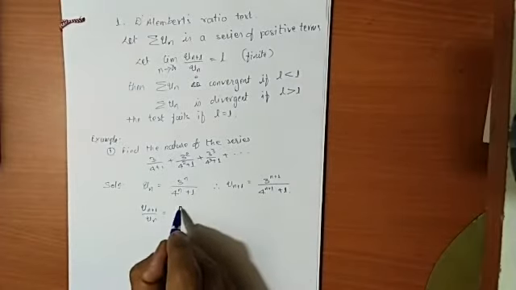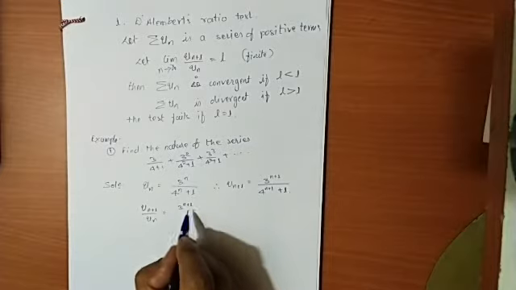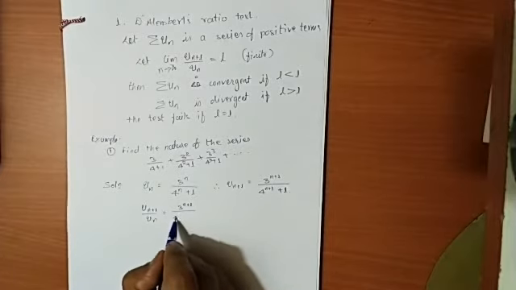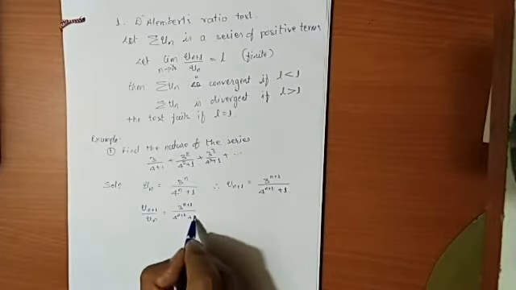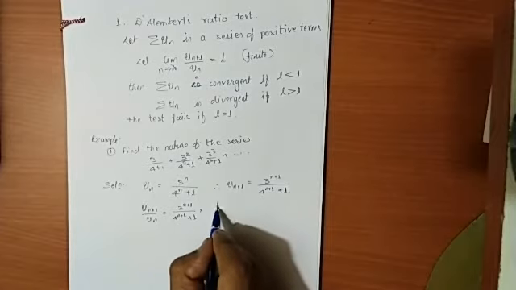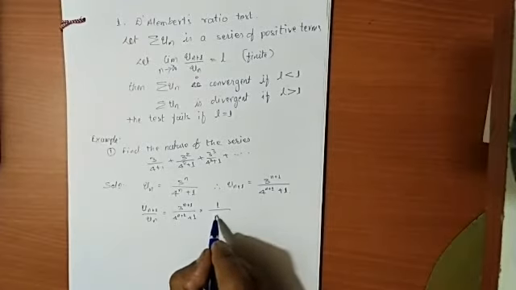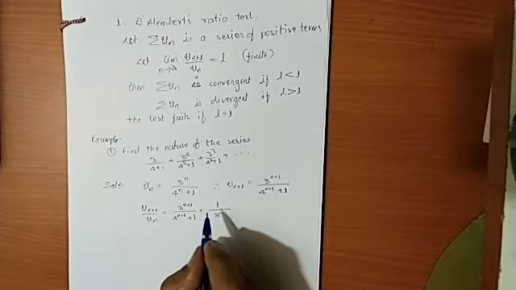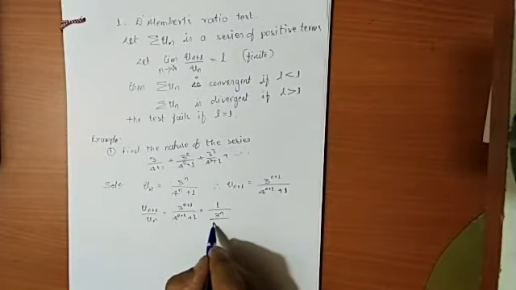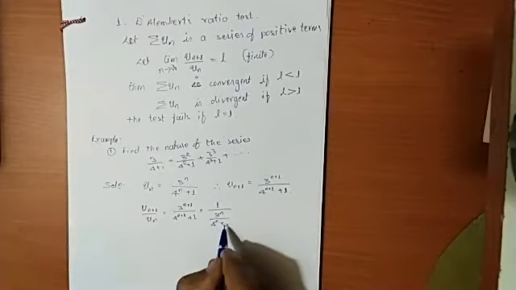u_{n+1} is 3 raised to n plus 1 over 4 raised to n plus 1, into 1 over 3 raised to n, divided by 4 raised to n plus 1.